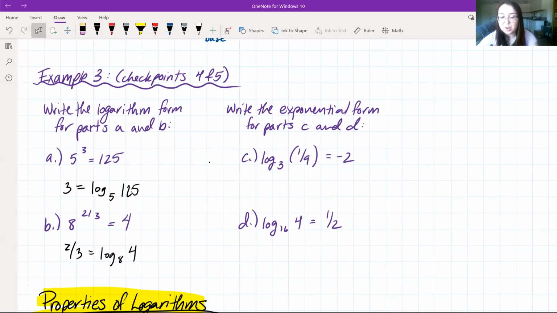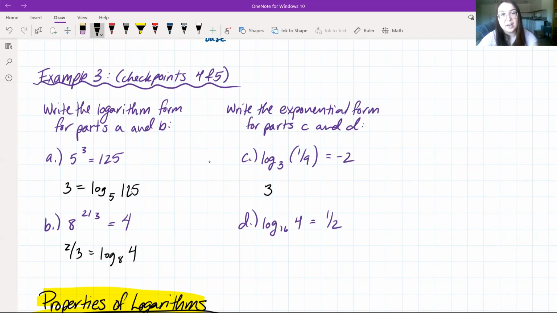So we can look at our problem. We have log base 3 of 1/9 is equal to -2. We have that 3 is our base, since that's our log of something. So log base 3, so we know that 3 is our base.